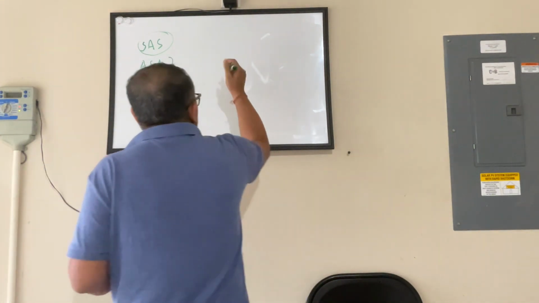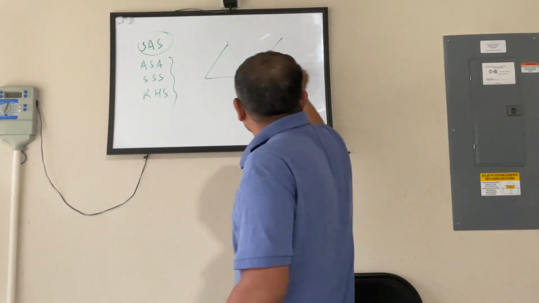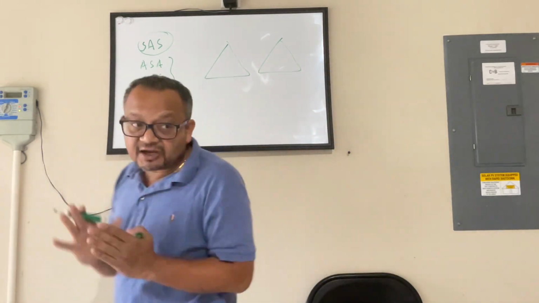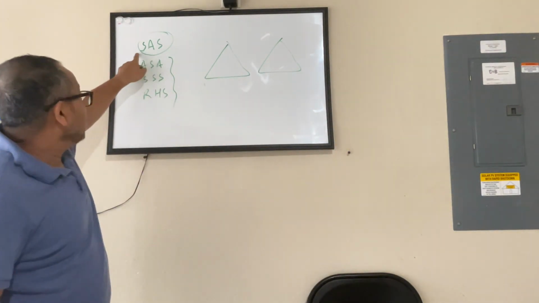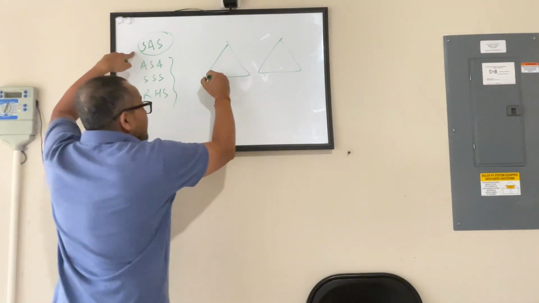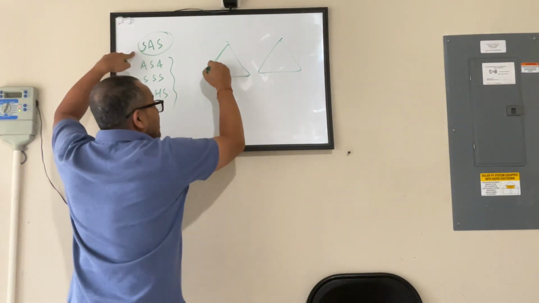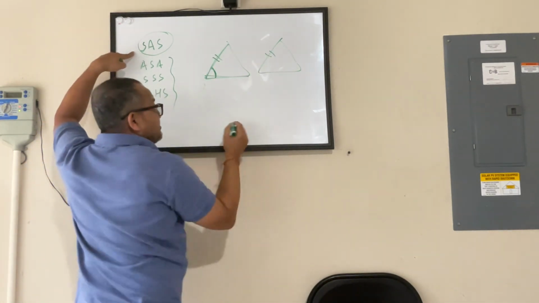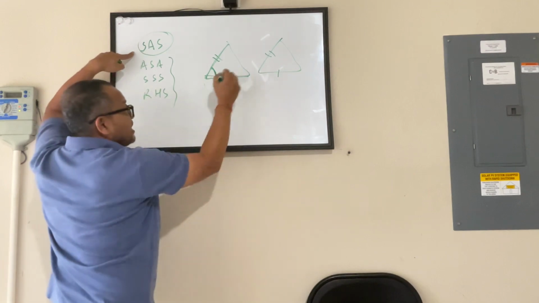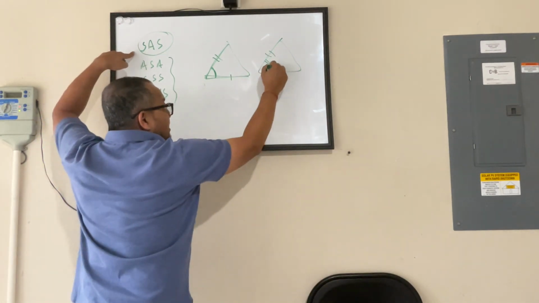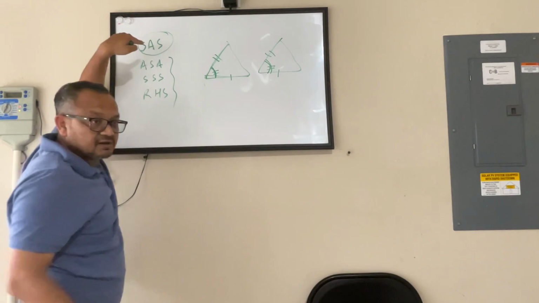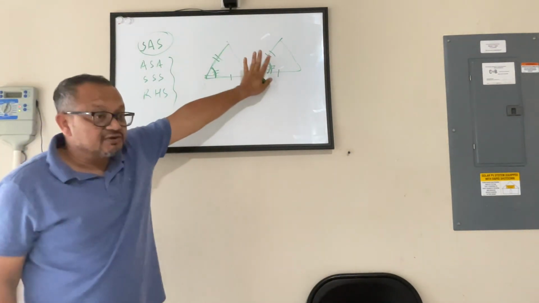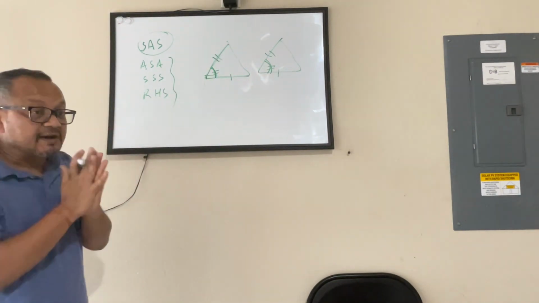Now, if you look at the example, these are two triangles. If they are congruent, meaning they are exact replicas of each other, then based on this axiom, if two sides are the same and the angle between them is the same, meaning this side and this side are same, this side and this side are same, and the angle between them is matching, you can assume that these two triangles are exact replicas of each other.